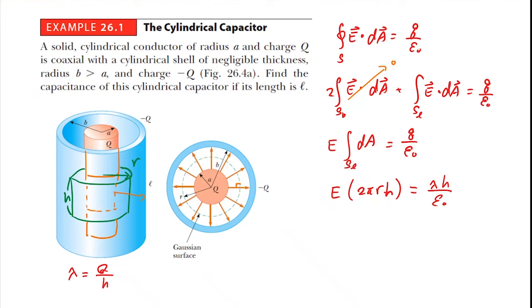Okay, then divide, so h is cancelled. So we have lambda over 2 pi epsilon, and then 1 over r like that. Good? Wait, 2 pi. Wait, no, I was right?